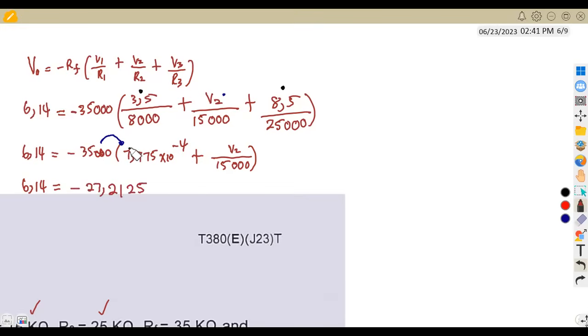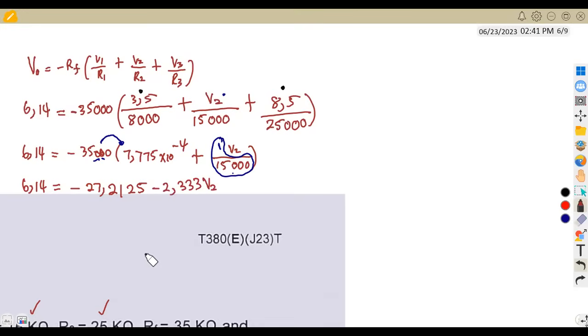Then you do the same thing with minus 35,000 multiplied by 1 over 15,000. If you multiply, you are going to obtain negative 2.333 and so on, which is V2.